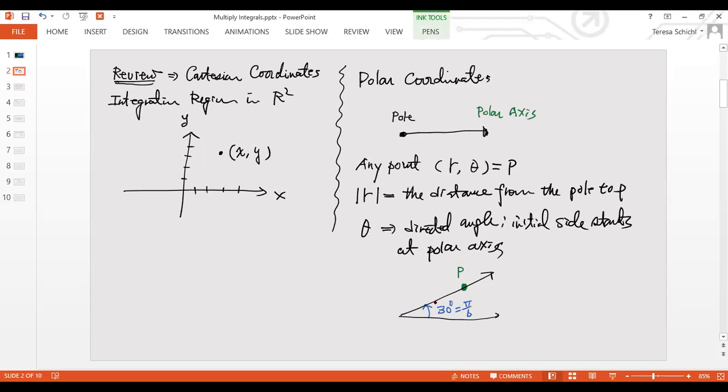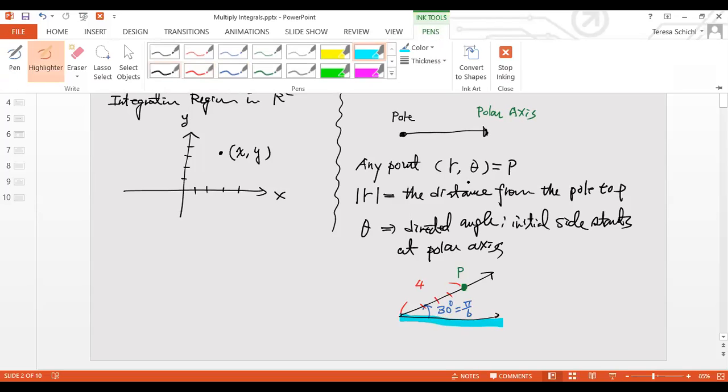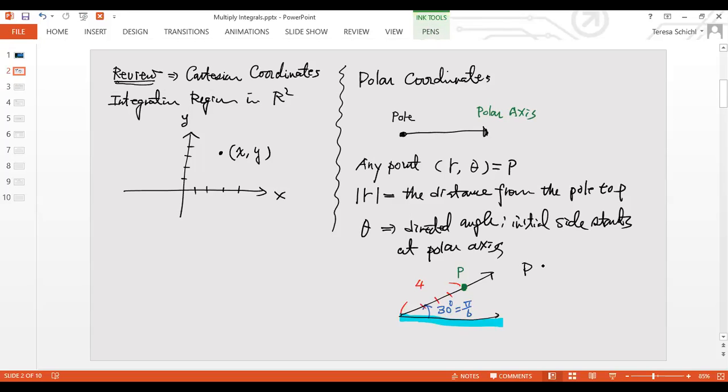So this is like 1, 2, 3, 4. So the length here is 4, right? That's because it started with the polar axis. So how do I write the point here? It will be 4 and pi over 6. That's how I write the polar coordinates, okay?